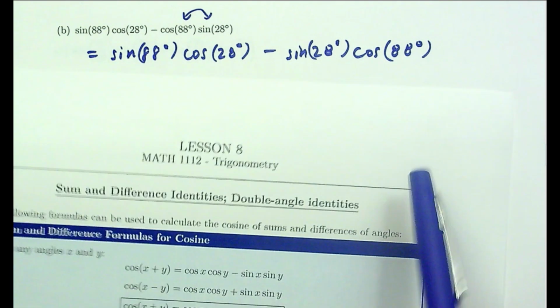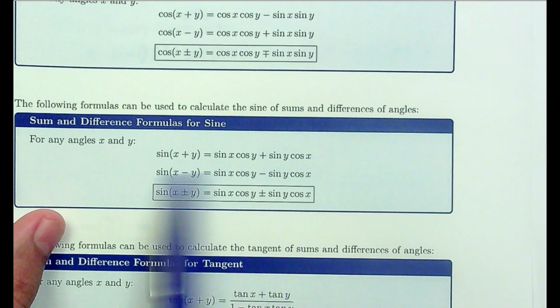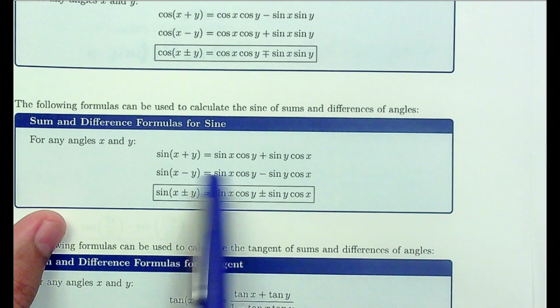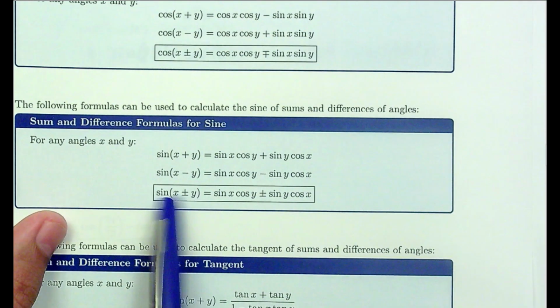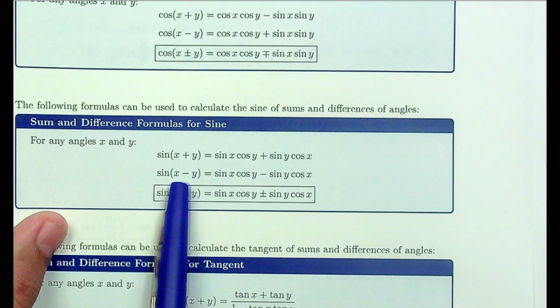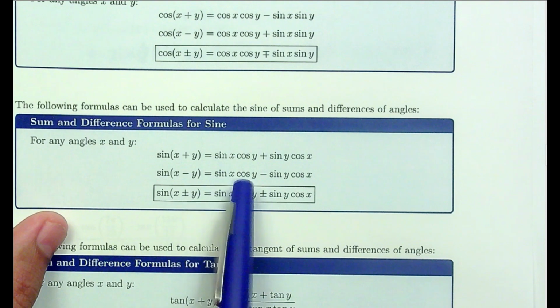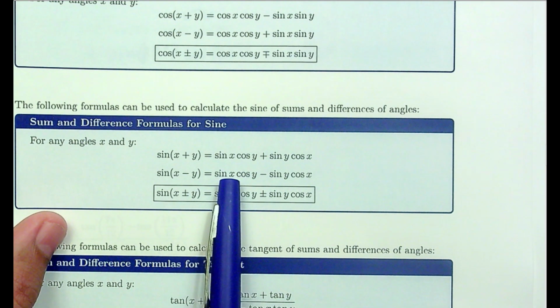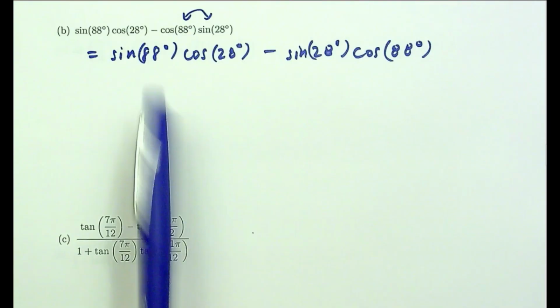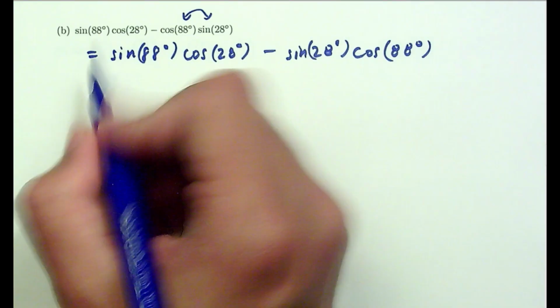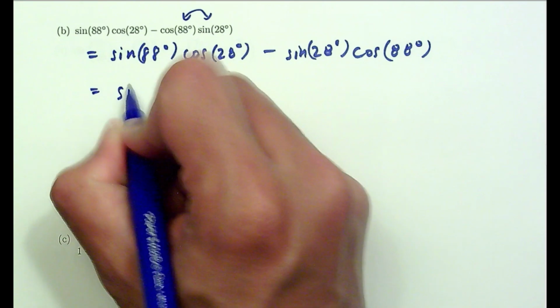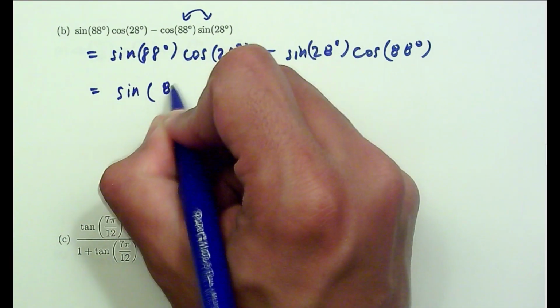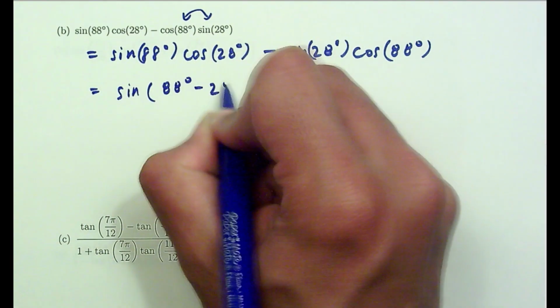So sine times cosine, that one is this one, alright? So either way, it is the sine of the difference of the angles. The x is the sine of whatever I had first, so it's going to be the 88, and then the other angle is the 28. So this is the sine of the difference, 88 minus 28.